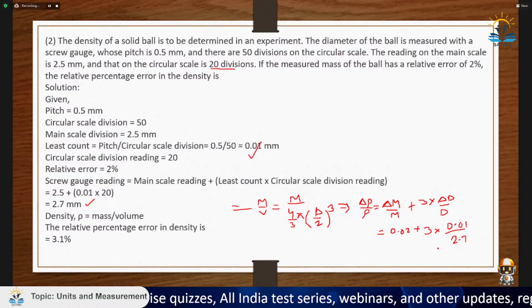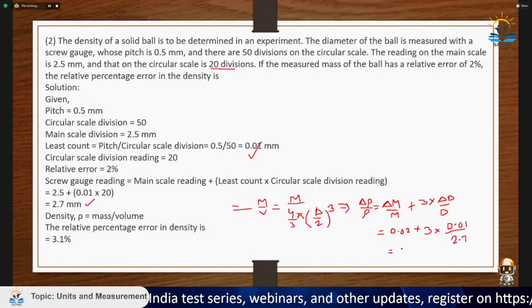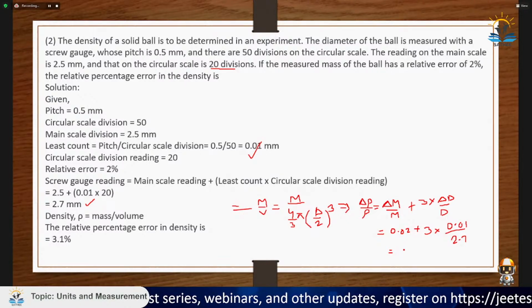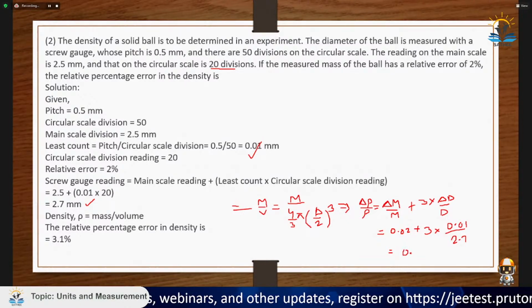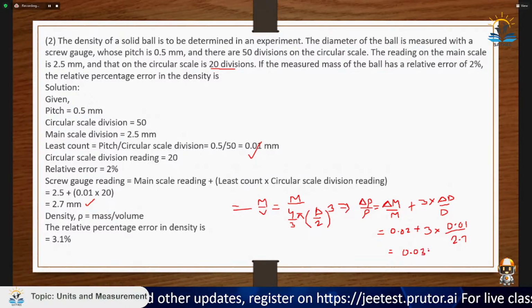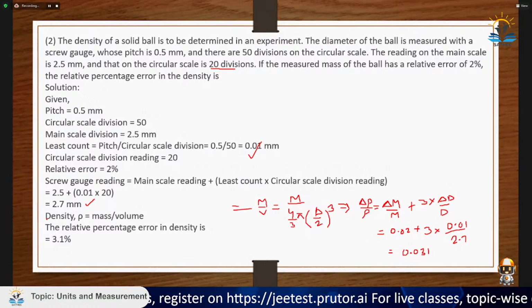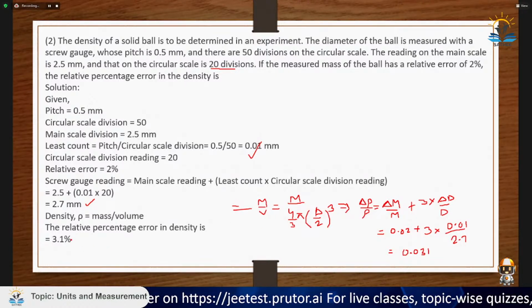So I am getting something around 0.031. And I know that I want it in percentage, so I will multiply it by 100. So I will get 3.1% as my final answer.